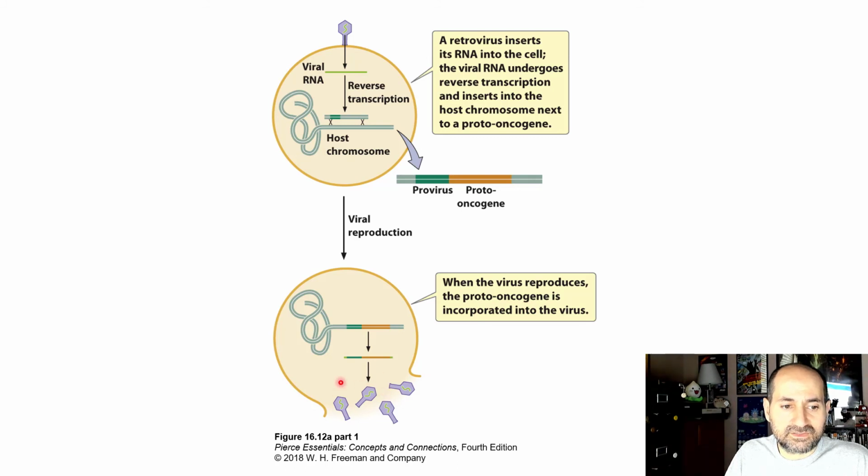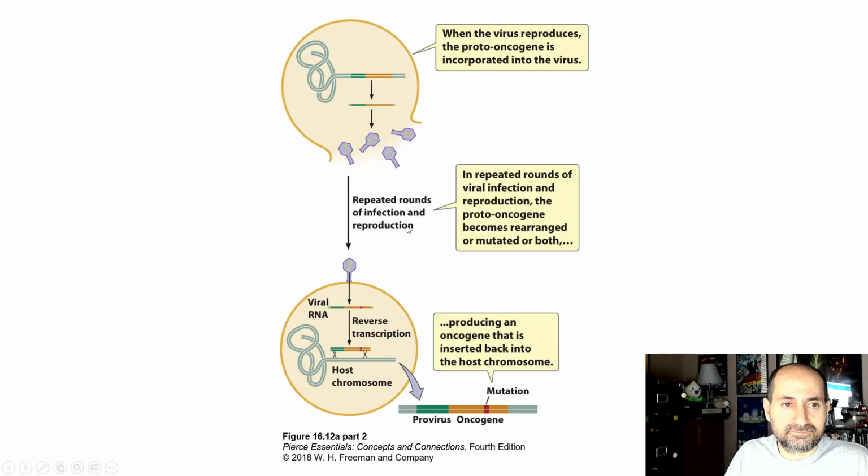So now the virus has not only packaged its own genome into new virions, but it has also packaged your proto-oncogene into that virus as well. So when that virus infects the next cell, it's going to introduce its own genome as well as the proto-oncogene.